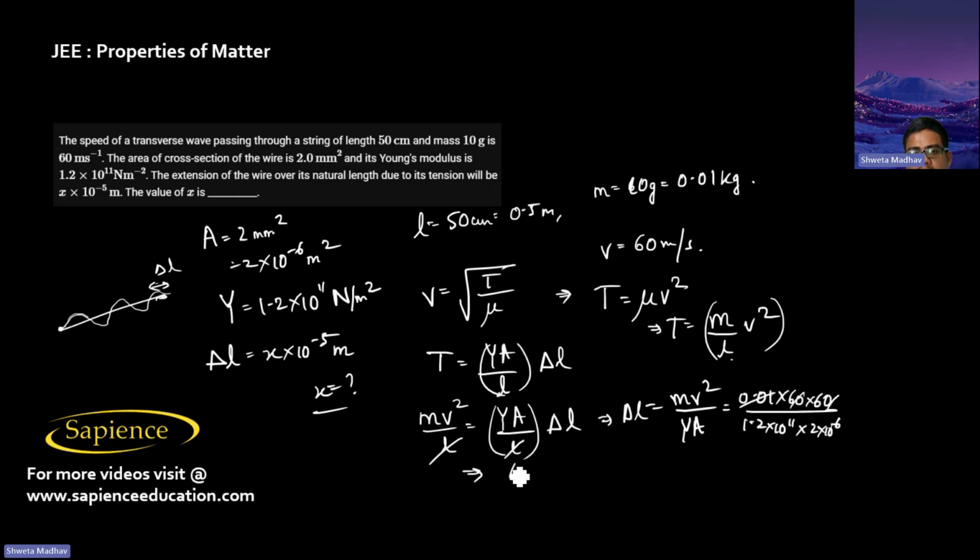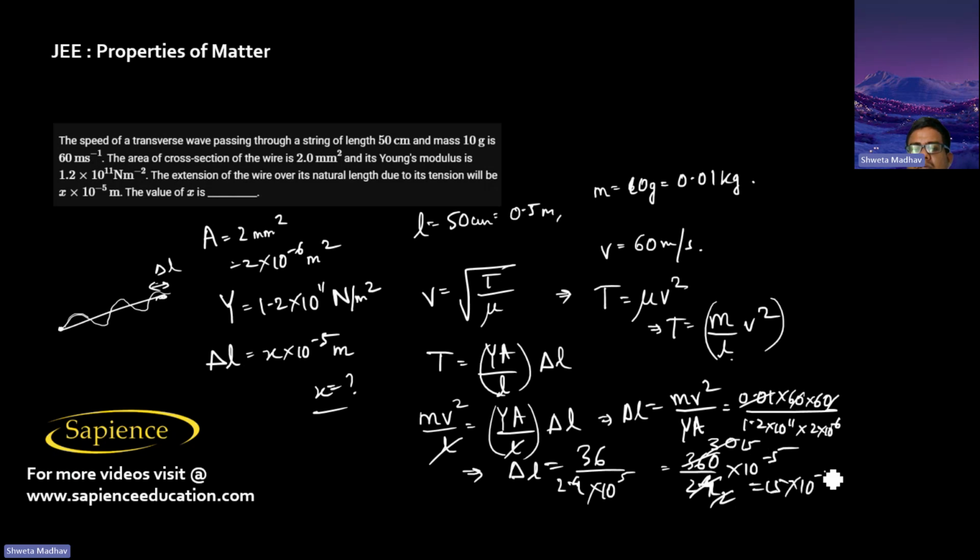So for delta L it will be 36 by 2.4 into 10 power 11 minus 6, that is 5. So this will be 36 by 2.4 into 10 power minus 5. So 12 2 0 24 36. So 2 15 are 30. So this is 15 into 10 power minus 5 meters. So therefore the value of x will be 15. So 15 is the answer.